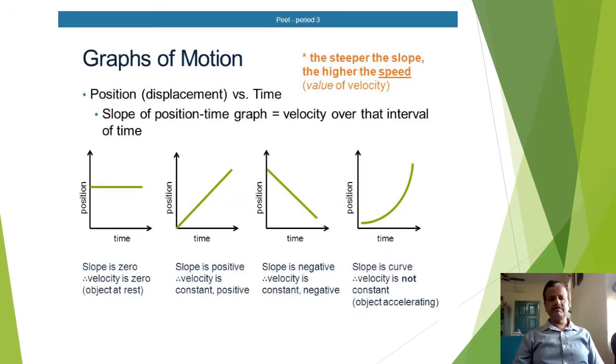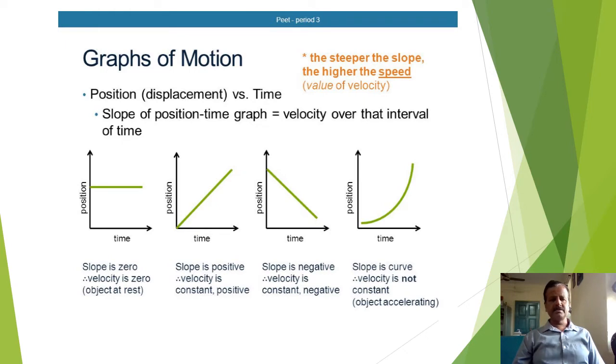Now, graphical study of motion. First, let us see the position time graph. The position time graphs of four objects or four vehicles are shown here. The first one is the position time graph of an object at rest. Why is it at rest? If you look at the graph, the position does not change at all.